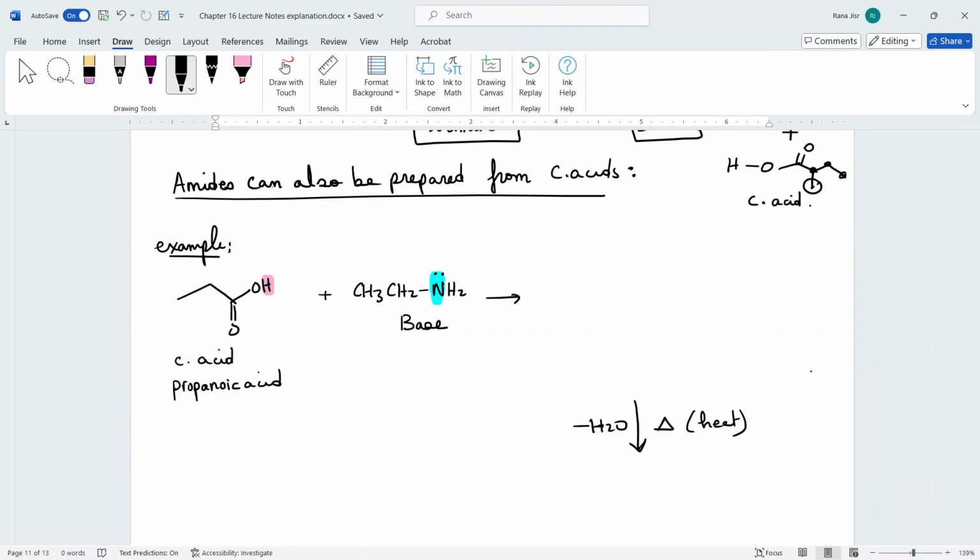So carboxylic acids are not very reactive to make amides directly, like the derivatives of carboxylic acids. So this is why if you want to make an amide this way, then you would need to pass by 2 steps. Make the product, then heat it up, and then you will get the amide.